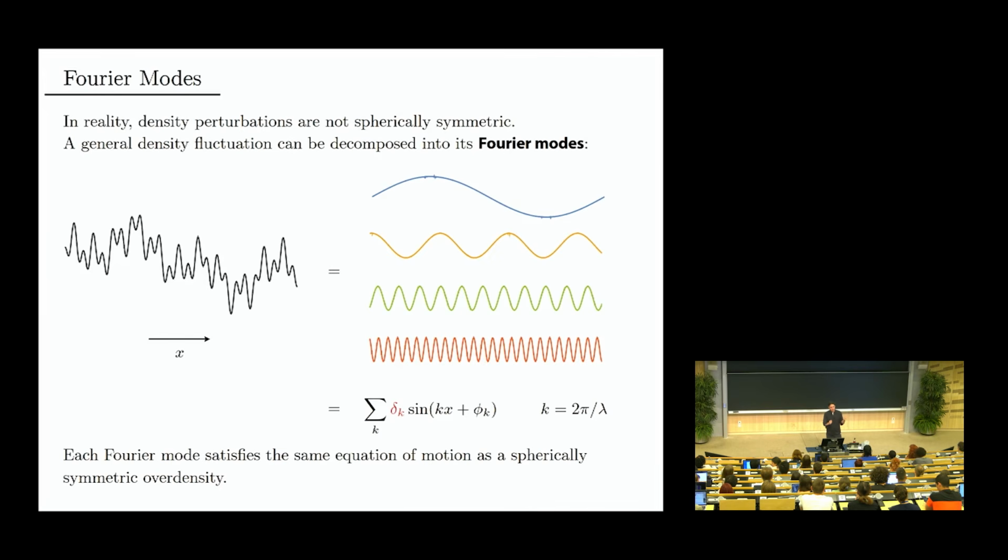Those are precisely the equations that the individual Fourier modes satisfy, and so you can calculate individually how each delta of k clusters. In particular, its time dependence will be exactly the one that I showed you with log of t and with t to the 2/3. That still holds. But its spatial dependence will come from the initial conditions, whatever the initial values for these Fourier modes were. That's just a technical aside, how we can turn this idealized calculation of the spherically symmetric overdensity into the real calculation using Fourier modes.